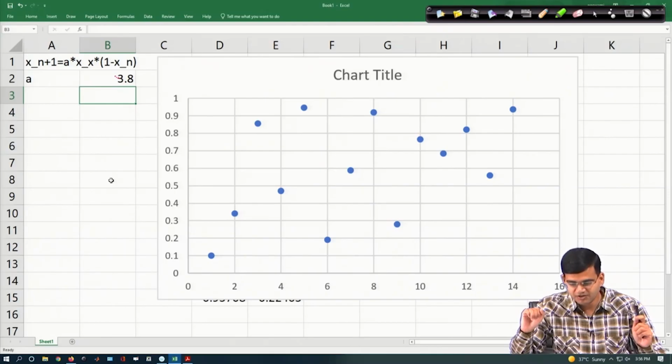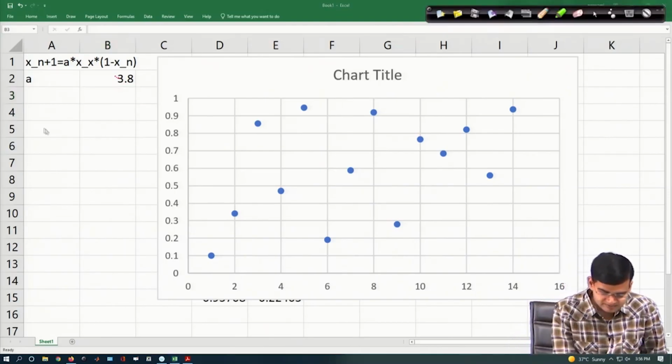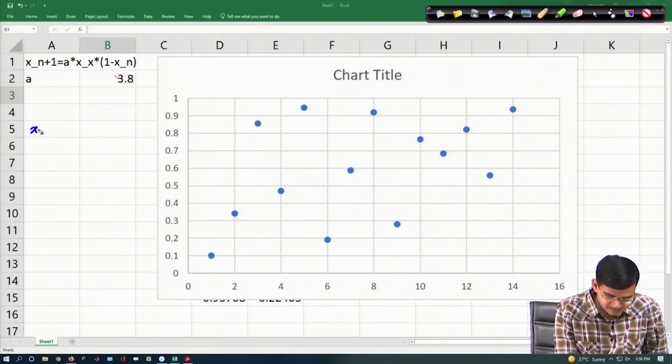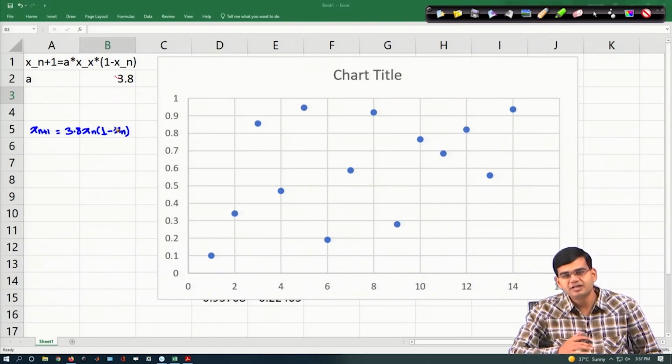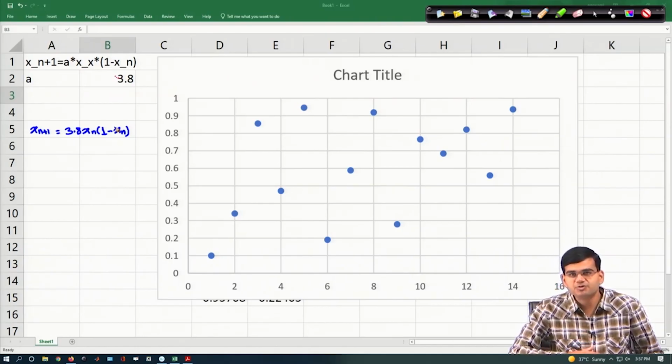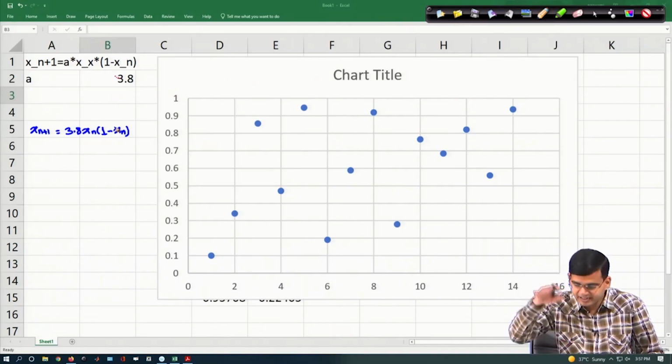Okay. So, therefore, you say that x n plus 1 is equal to 3.8 x n (1 minus x n) will give me the points which are uniformly distributed in the entire range.